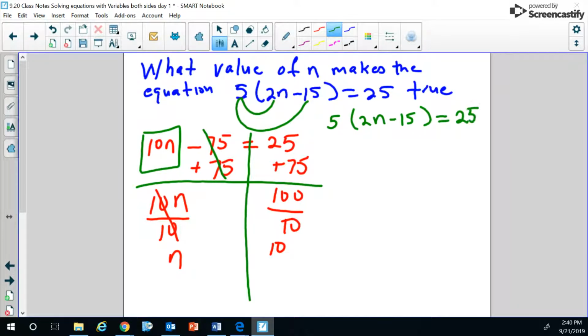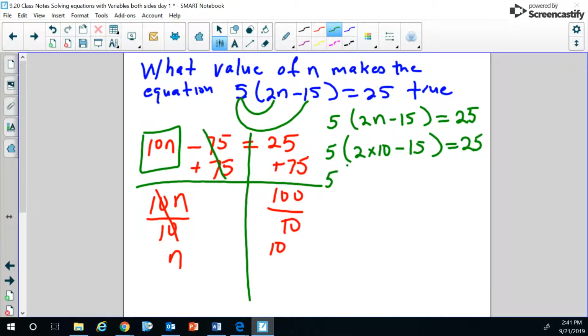So let me go ahead and substitute n in this equation, and both sides of the equation should equal each other. So it's going to be 5 times (2 times n, which is 10, minus 15) equals 25.